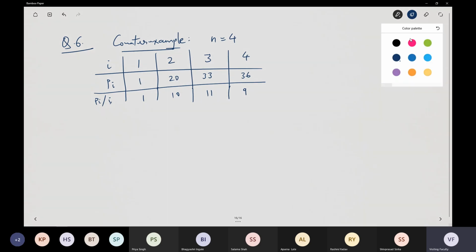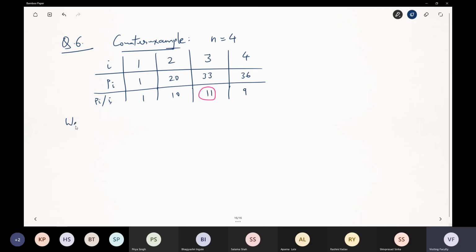The maximum density is 11, so we first cut out length 3. Then only length 1 remains, so now there is no cutting possible. Whatever is there, that is there.